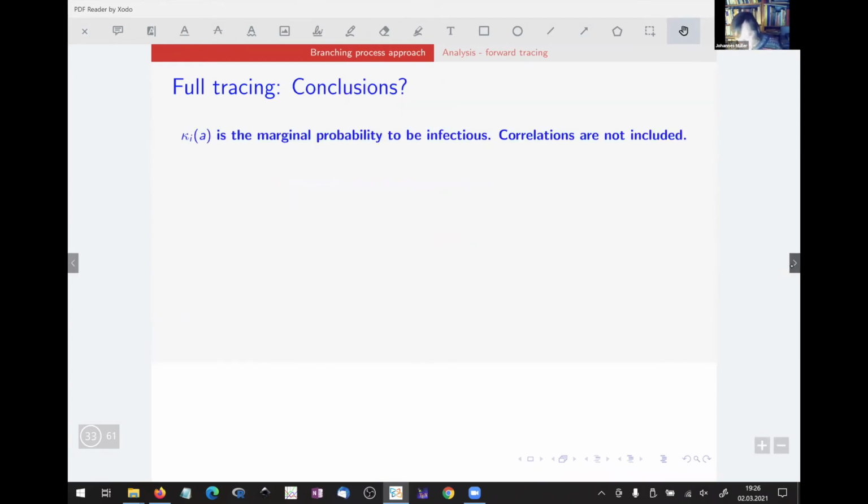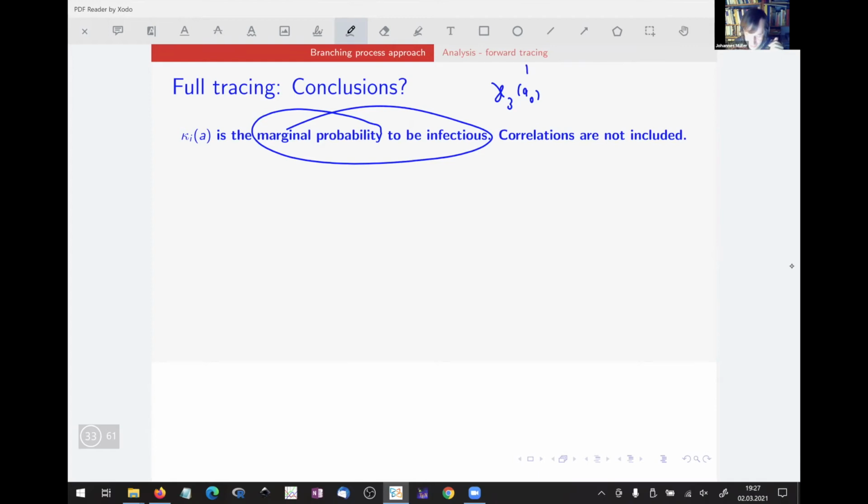Next question. What's kappa of A? It's the survival probability, we understand that. It's important to understand that it's the marginal survival probability. So basically, if we look at, let's say, kappa 3 of age A0, we simulate the process, randomly select an individual of the third generation, and check whether this individual is still infectious at a certain age of infection A0 or not.